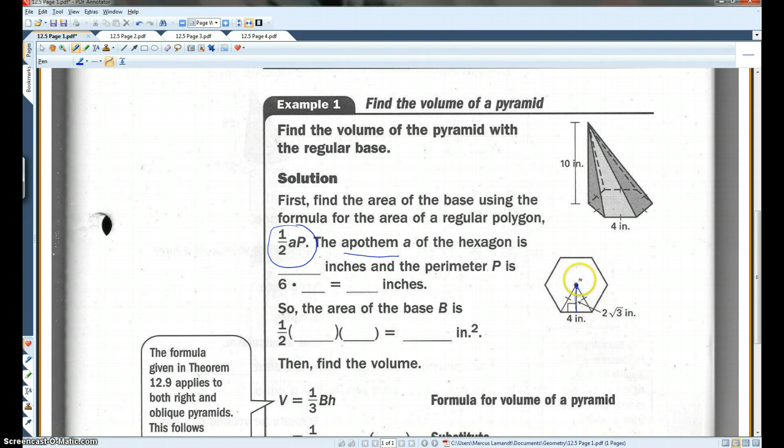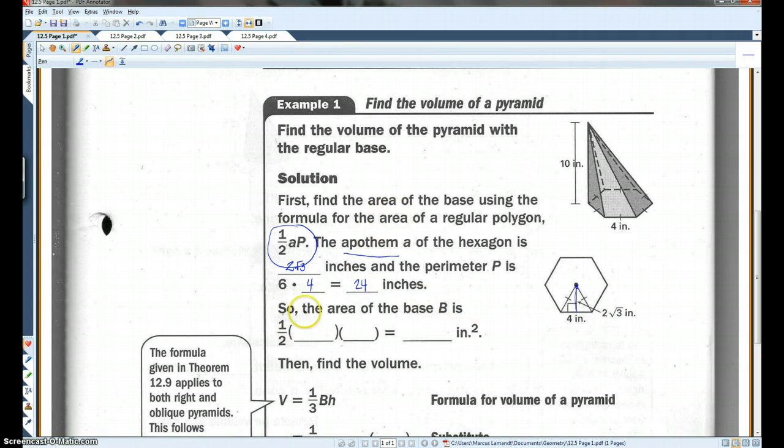And they're nice enough to give you that the apothem is 2√3. So the apothem A of the hexagon is 2√3 inches, and the perimeter P is 6, because there's 6 sides, times 4, because each side is 4 inches. So all the way around is 24 inches.